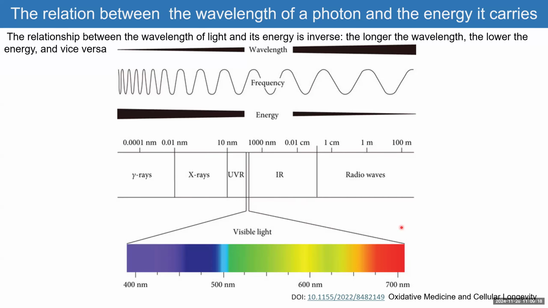Okay, so why is this important? Because if we have a fluorophore in the violet area here, this means it carries more energy than a fluorophore in the green area or in the red area.